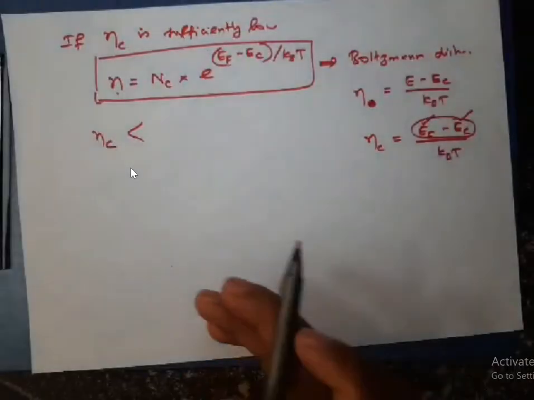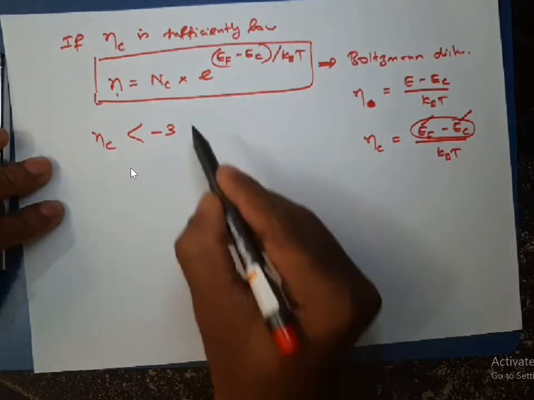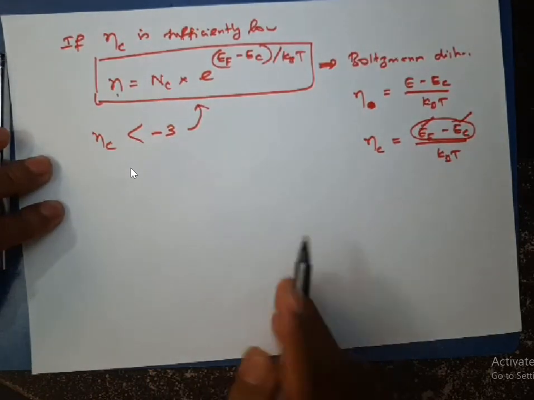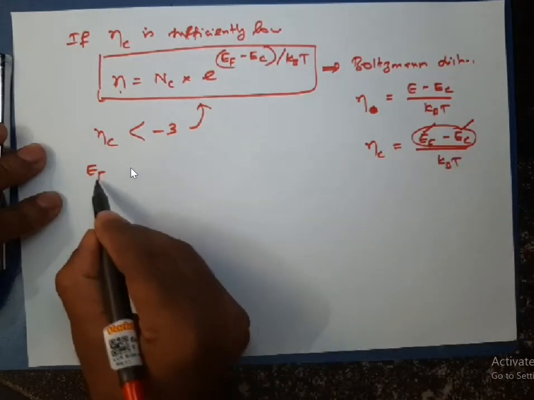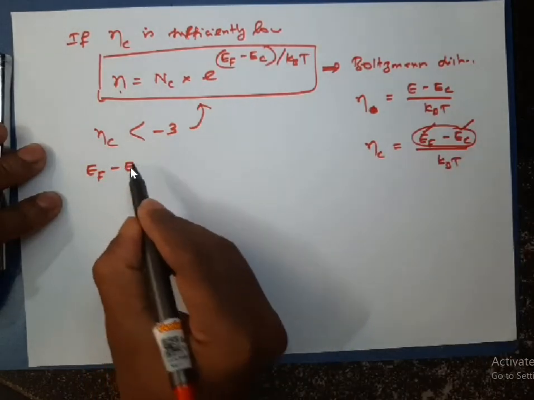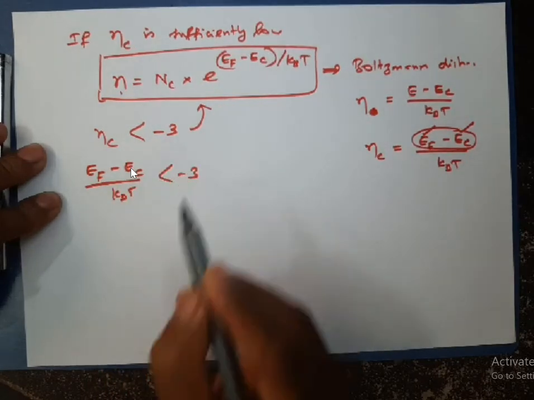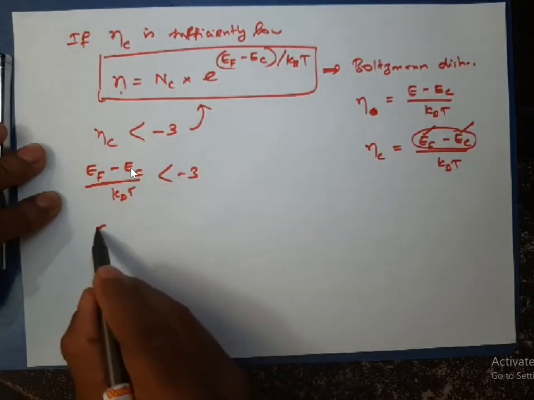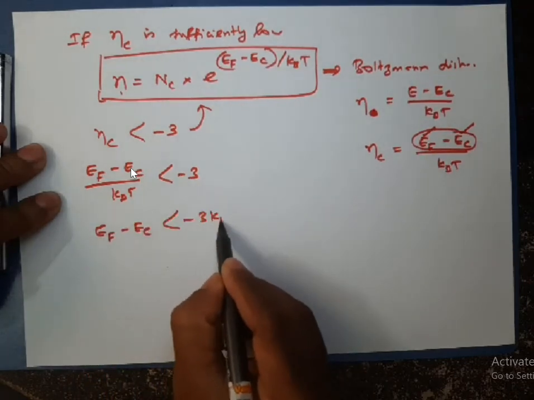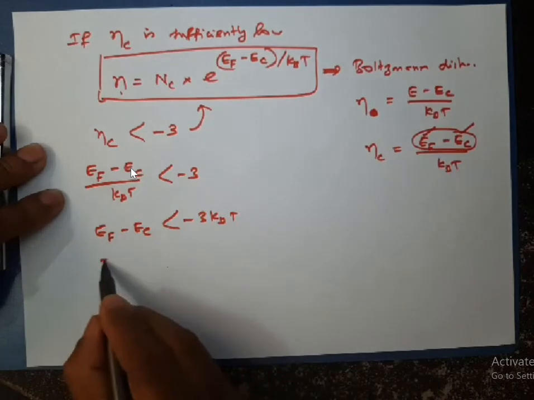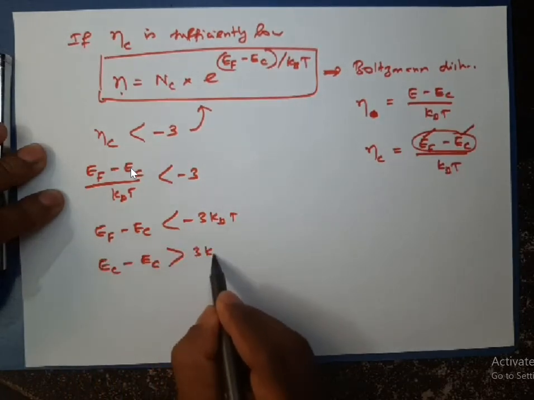If the eta c value is below minus 3, then you can use this expression. Why? Because eta c is nothing but EF minus EC by kBT less than minus 3, or EF minus EC is less than minus 3 kBT, or we can say EC minus EF is greater than 3 kBT.